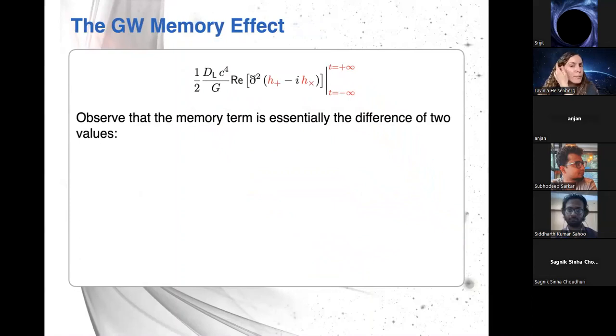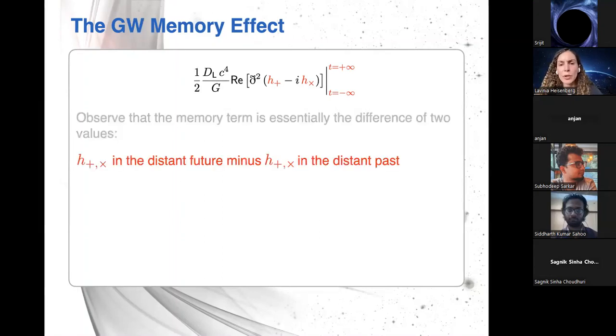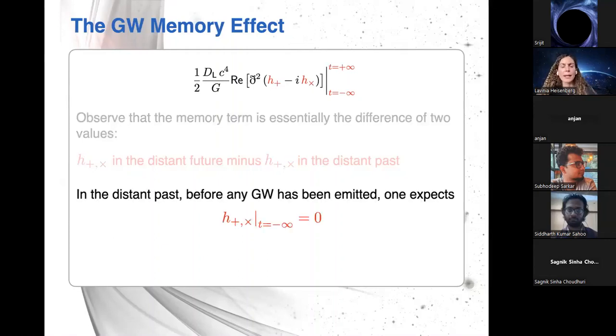Okay, so observe that this memory term is essentially the difference of the two values, h plus and h cross, at distant future and at distant past. In the distant past, before any gravitational wave has been emitted, you would naively expect that there was no gravitational wave, so the strain should be zero.